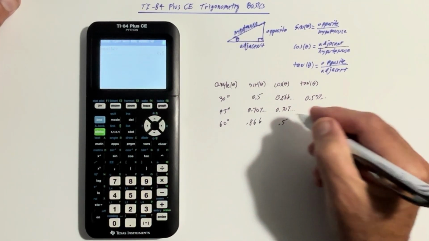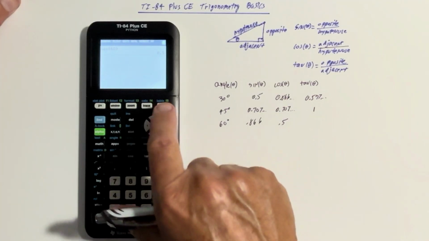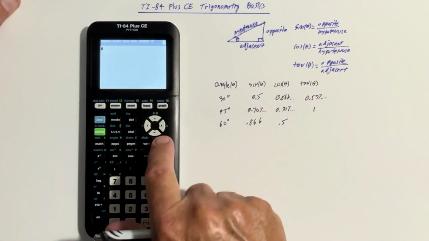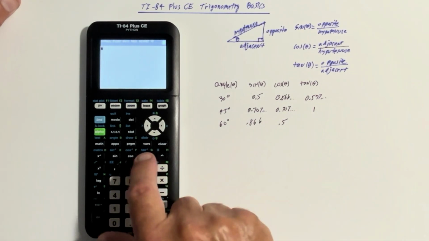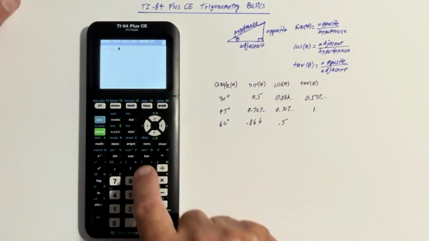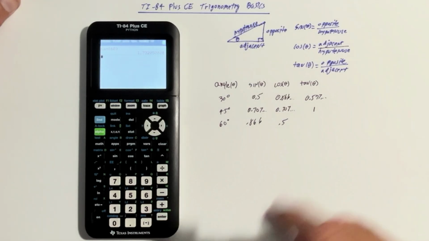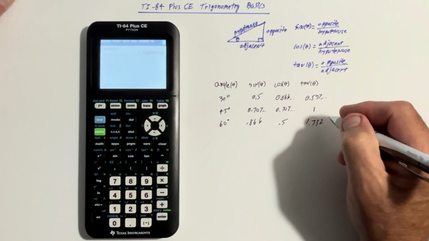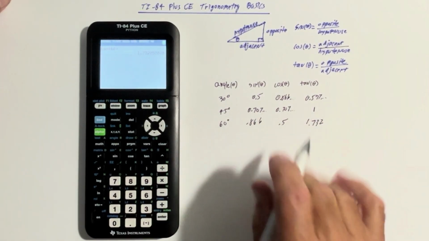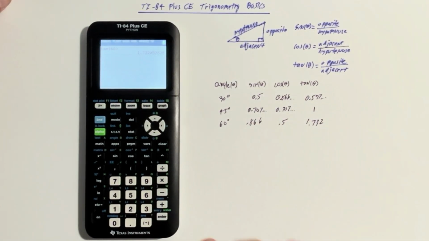That's equal to 0.5. And clear again. We've got one left to do. We want to do the tangent of 60 degrees. So hit the tangent, 60. That's 1.732. So we did just some basic trigonometric functions there and evaluated them.